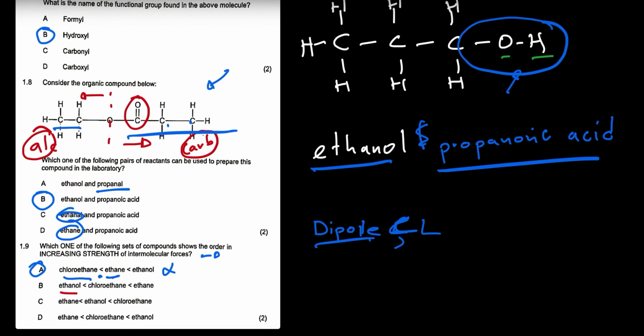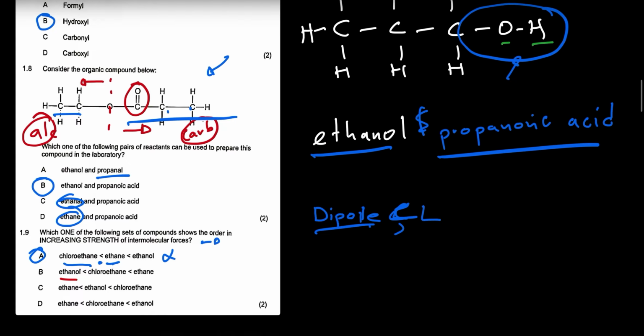So if you look at the second statement, they say we have ethanol. We know that on ethanol the strongest intermolecular force is going to be the hydrogen bond, because that is an alcohol. So they say the hydrogen bonds are weaker than chloroethane. Remember, chloroethane is a haloalkane, so we have dipole as the dominant forces.